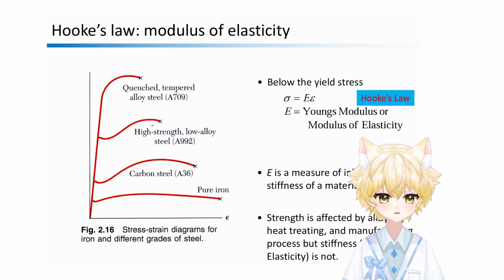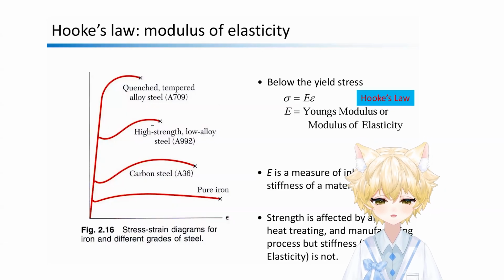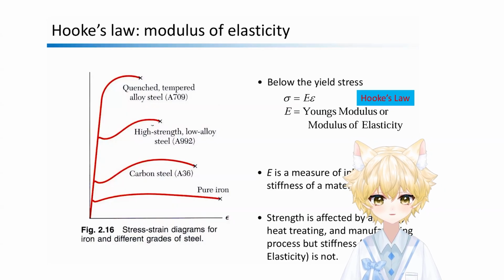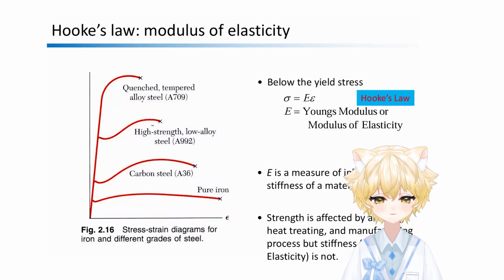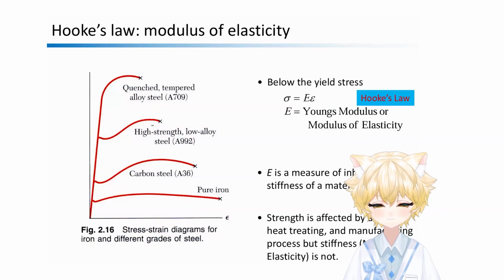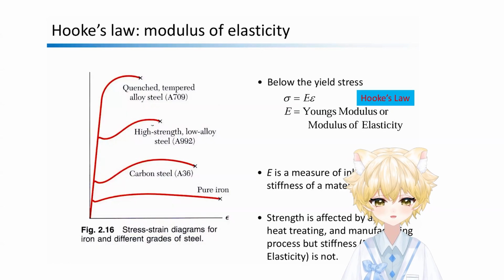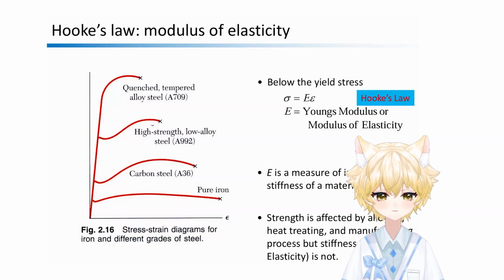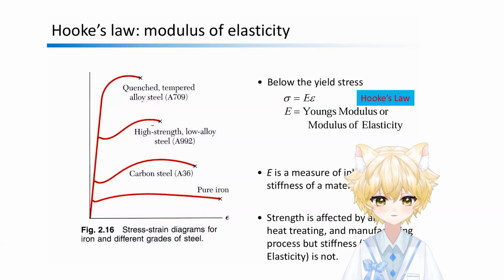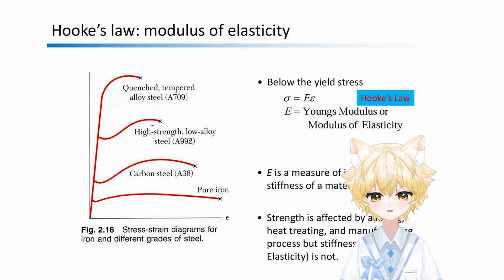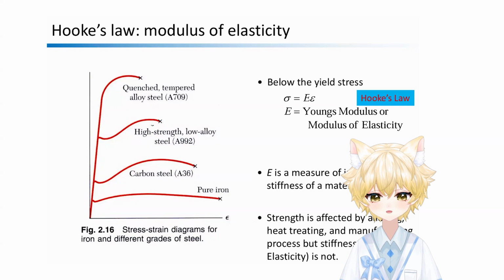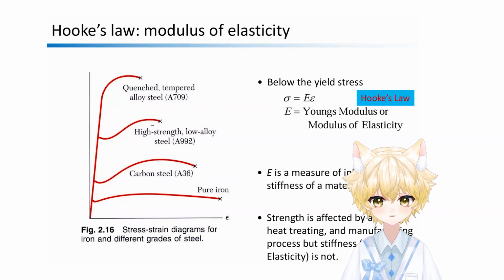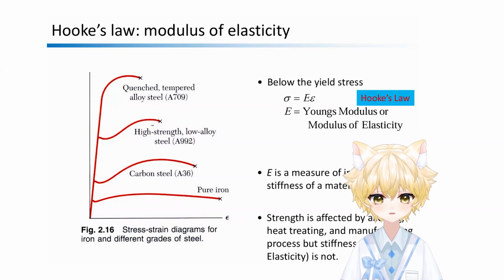This is a crucial concept for engineers, actually. Strength is not the same as stiffness. We can change a material's strength significantly through alloying, heat treating, or manufacturing process. We can make it stronger and make it harder, but the stiffness, namely the Young's modulus or the modulus of elasticity, is an inherent property of the atomic bonds, and they cannot be easily changed.